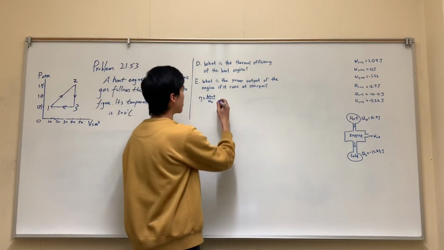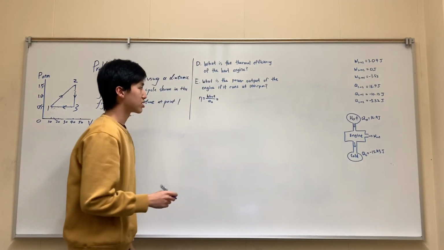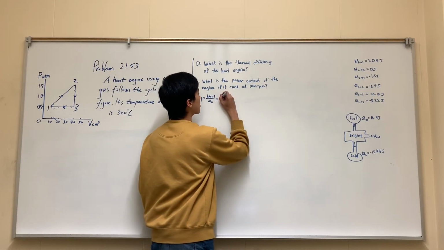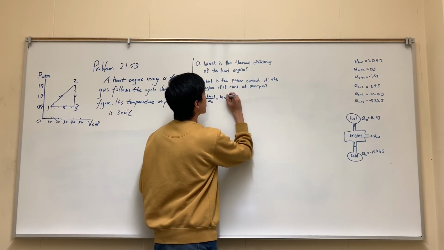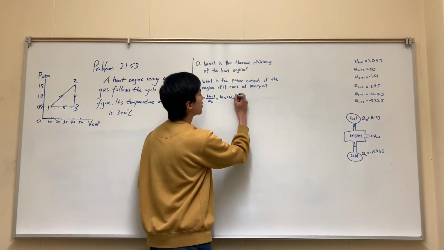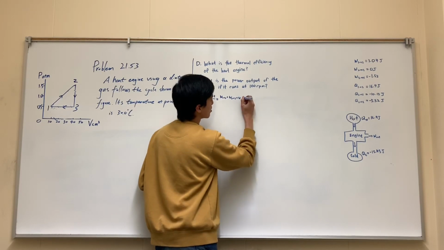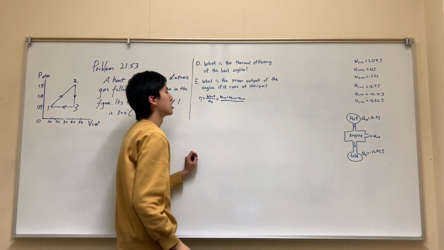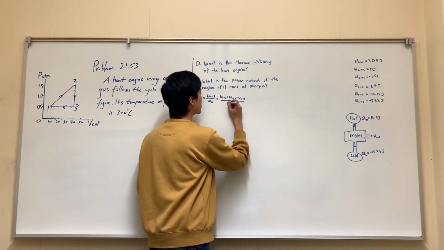We know that the total work is just the sum of the three processes, the 3 points. So work out is equal to work from point 1 to 2, plus the work from 2 to 3, and then the work from 3 to 1, completing the cycle. And then we also know that QH is 16.9 joules.